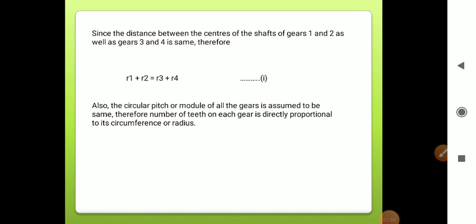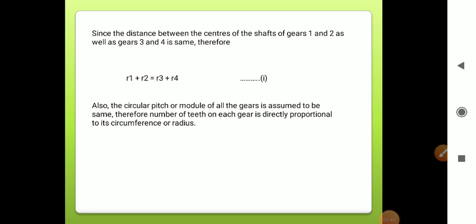Also, the circular pitch or module of all the gears is assumed to be the same. Therefore the number of teeth on each gear is directly proportional to its circumference or radius.